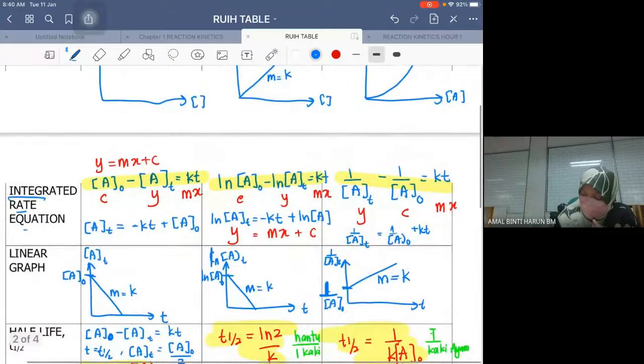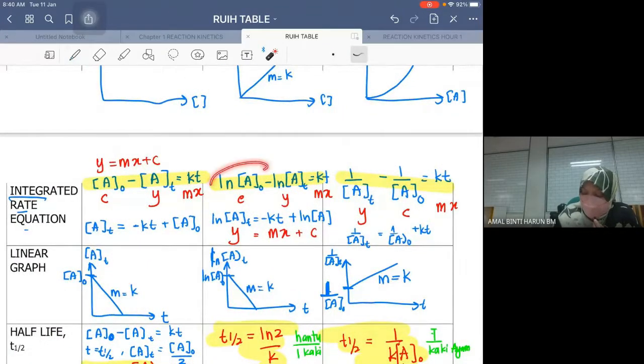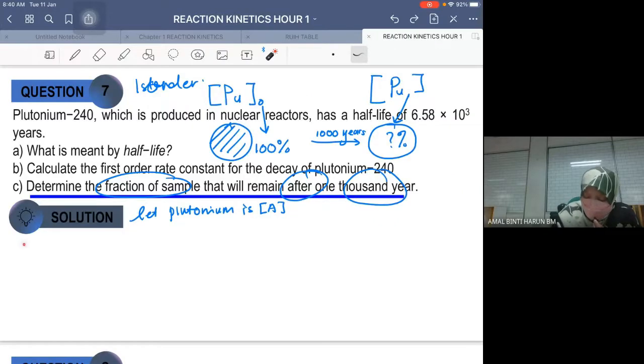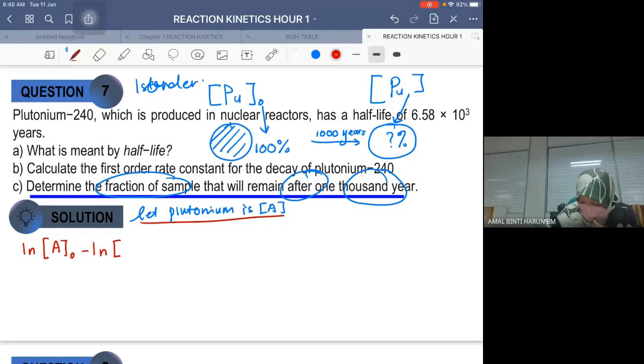Sebab dia ada concentration awal dan concentration selepas beberapa tahun at time. So ln A tu merujuk kepada plutonium. Kita dah bagi tahu assumption kat sini. Ln A initial tolak ln A selepas 1000 tahun equal to KT. Okay, ada tak K? K kita dah cari kat sini.